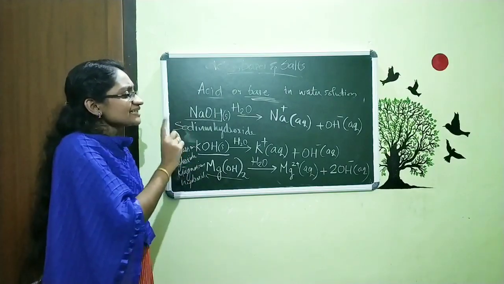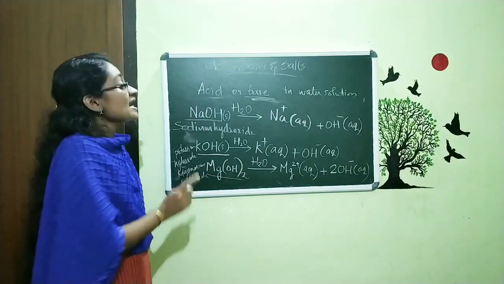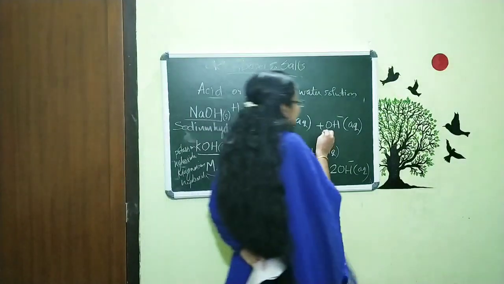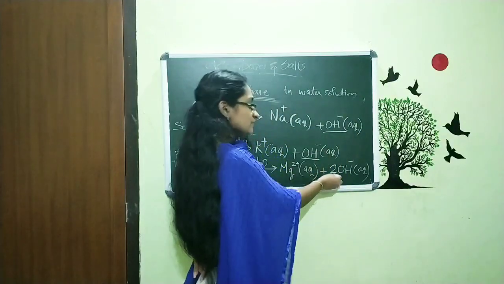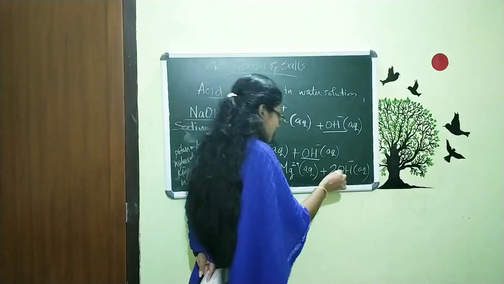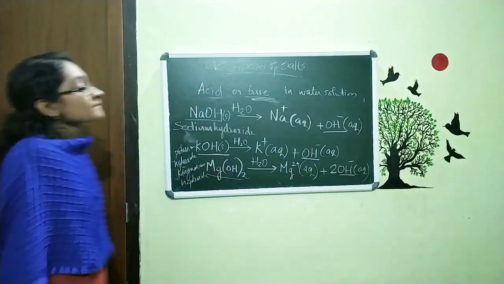And you can see a common factor in these three equations, and that common factor is this OH minus. Here also the OH minus. Here we have two, that means two molecules, and still here we have OH minus.